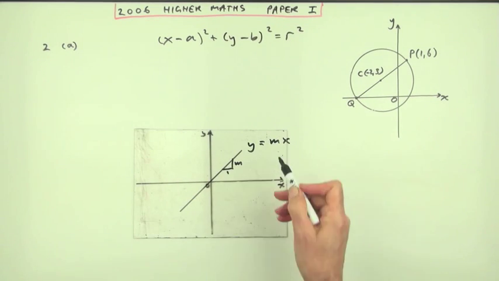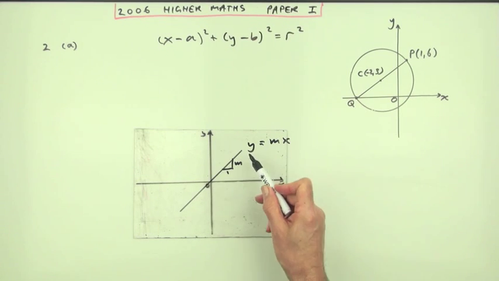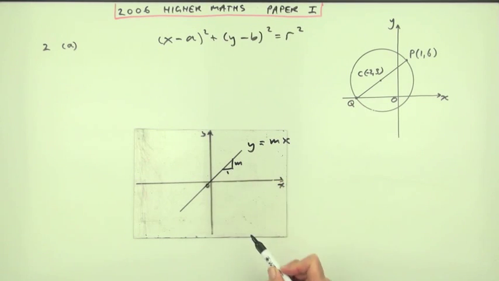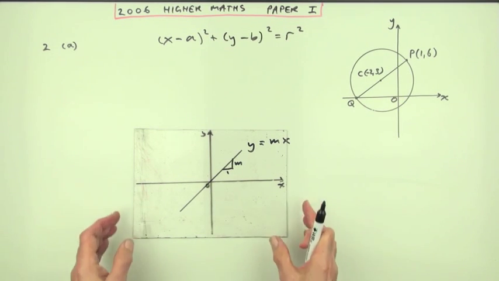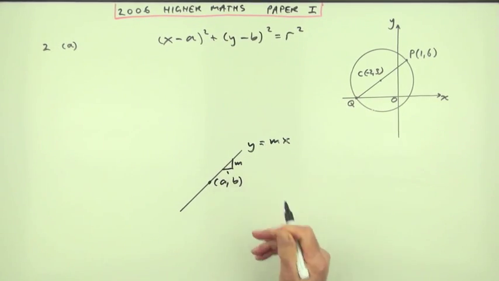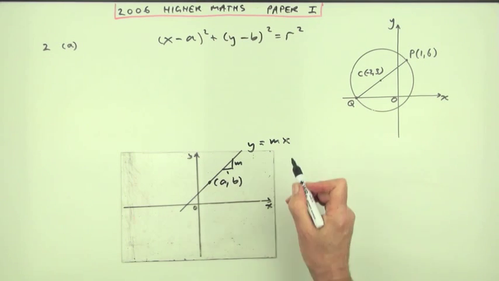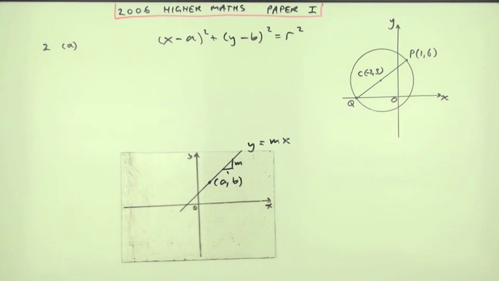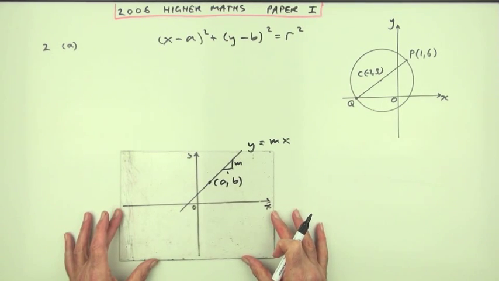Line. The basic equation of a line that passes through the origin is y equals mx, where m's the gradient, distance up over distance along. If the line doesn't pass through the origin, say I pick a point on the line (a, b). I can recreate this simple basic equation by changing the coordinates, by shifting the origin.